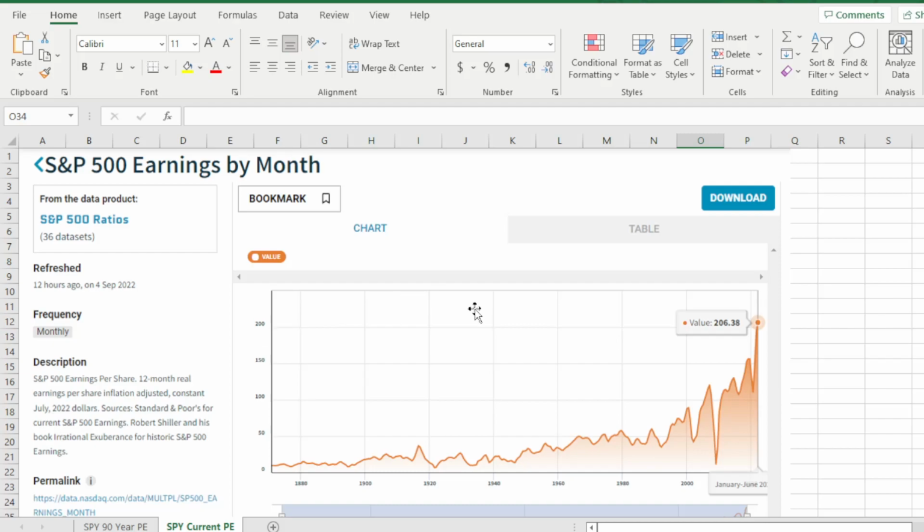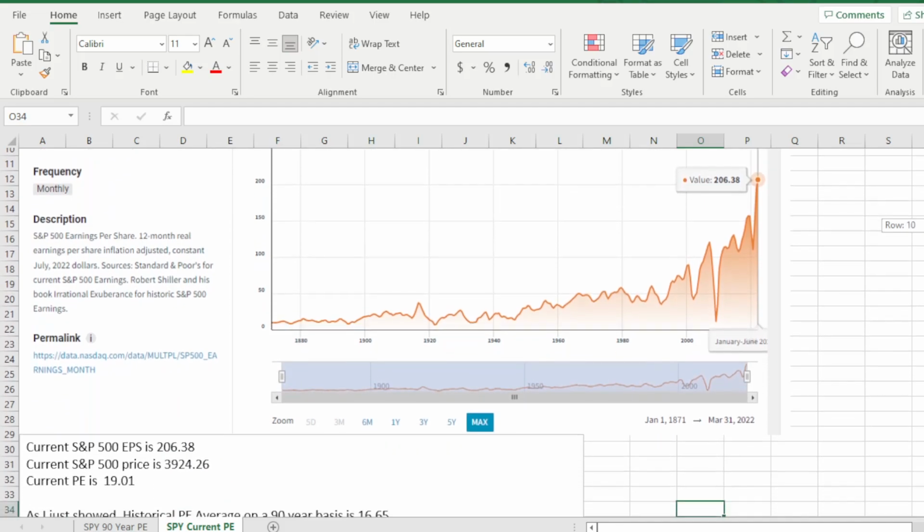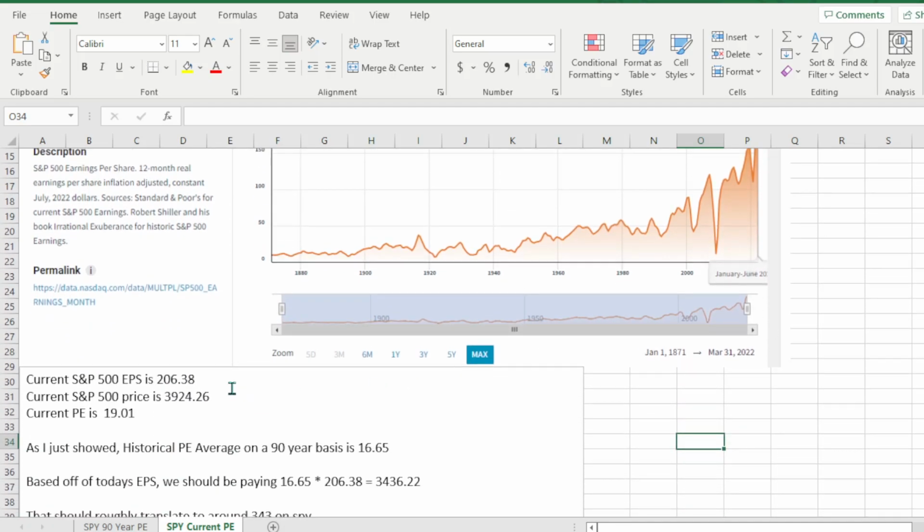So this is straight from the NASDAQ website. It's saying that earnings per share for the S&P 500 is 206.38. So what I went ahead and did was I got the current S&P 500 price, which is 3,924 and 26 cents, and I divided that by the current S&P 500 earnings per share of 206.38.